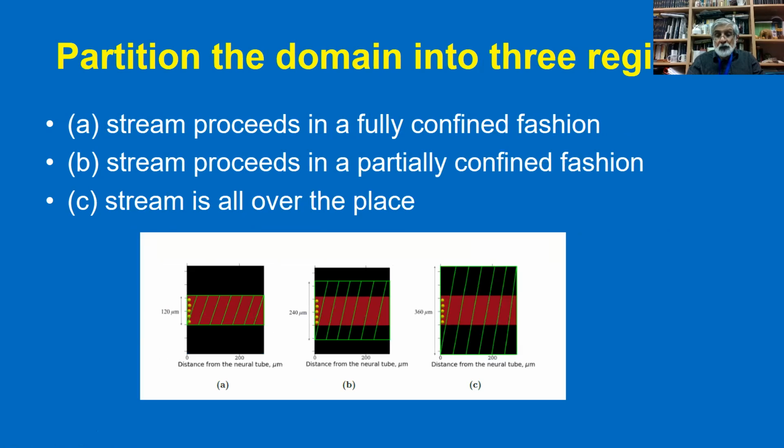So what we did was partition the domain into 3 regions. If all the cells are in this region, then that's good invasion. If the cells go into this region, then it's partially confined. If the cells go into this region, then it's really bad invasion.